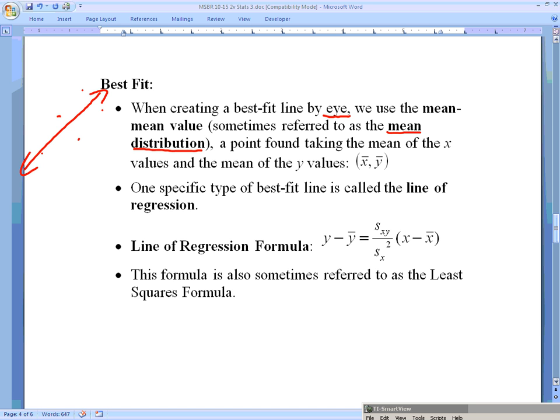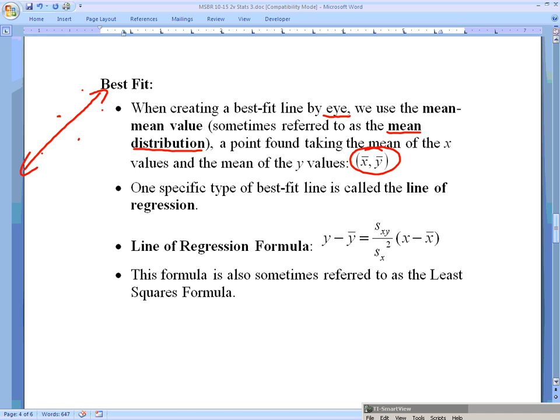The mean distribution is if you take the x-coordinates of your points and find the mean of that, and then take all your y-coordinates from your points, find the mean of those values, and put that together as an ordered pair. That's the mean of the distribution, or the mean value. And you want to plot that point and make sure that your best fit line goes through that point.